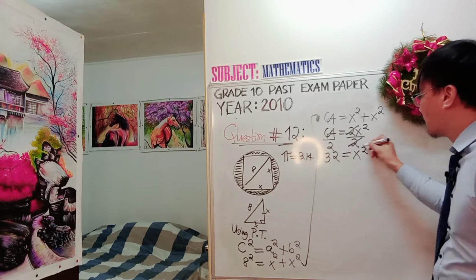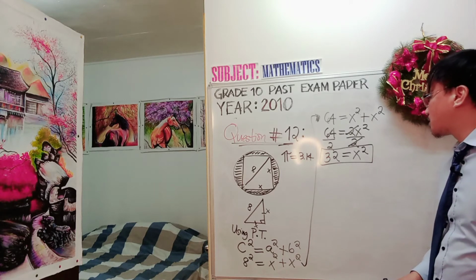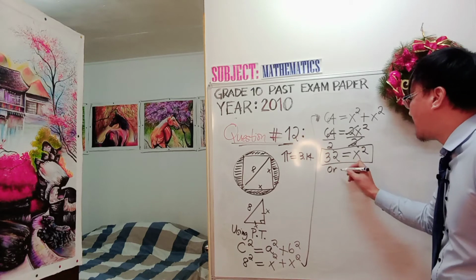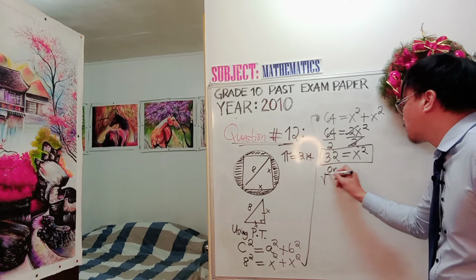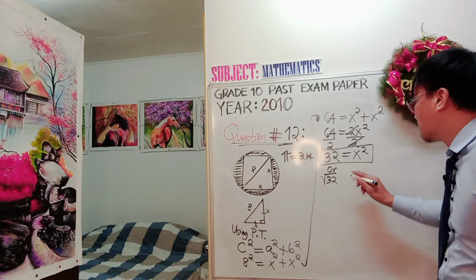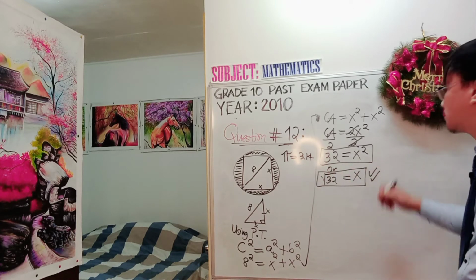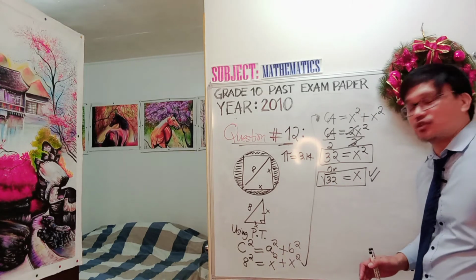So you have x squared equals 32, or the value of x now is the square root of 32 equals x. So the value of this x here is square root 32.